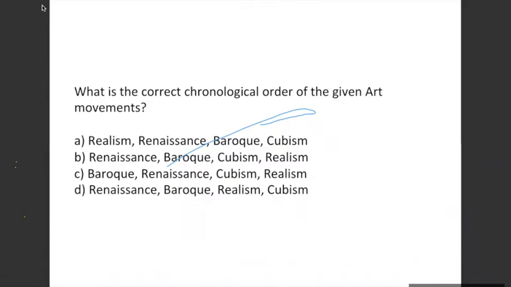Italian Renaissance painting will be more subtle in nature. Okay, shall we proceed, students? Yes. Okay.